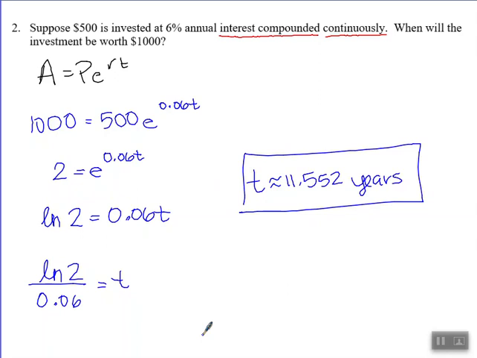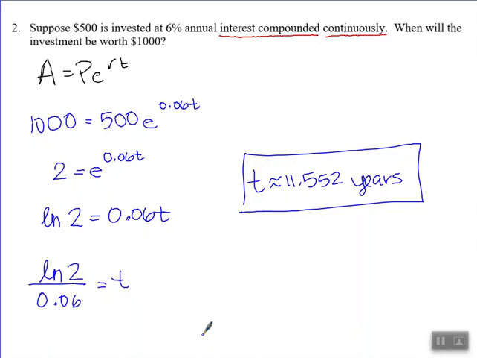Now, if you notice, the only difference between this problem and the previous problem is that our interest is compounded continuously instead of twice per year. If you did several problems increasing the number of times that the interest is compounded, so in the previous example, n was 2. If you then increase n to 4, 10, 12, 50, 100, whatever, each time the time will be a tiny bit shorter.